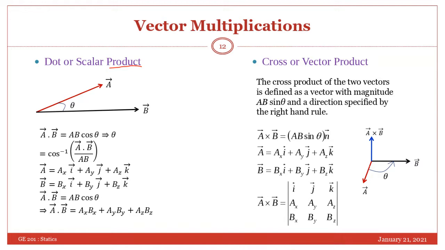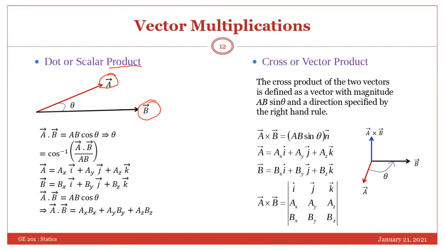Suppose this is vector A and this is another vector B, which make an angle of theta between them. Now vector A dot vector B is defined as A into B cosine theta, where A and B are the magnitudes of vector A and vector B, and cosine theta is the cosine of the angle between them.